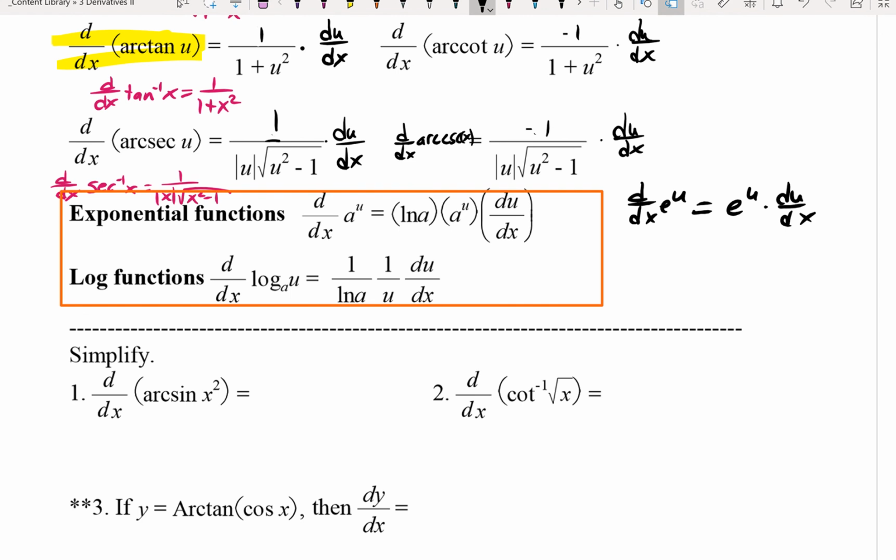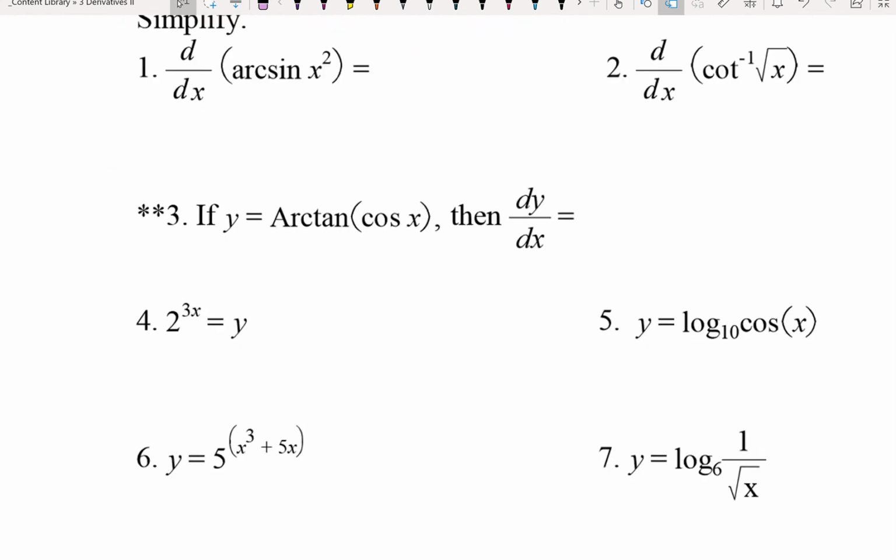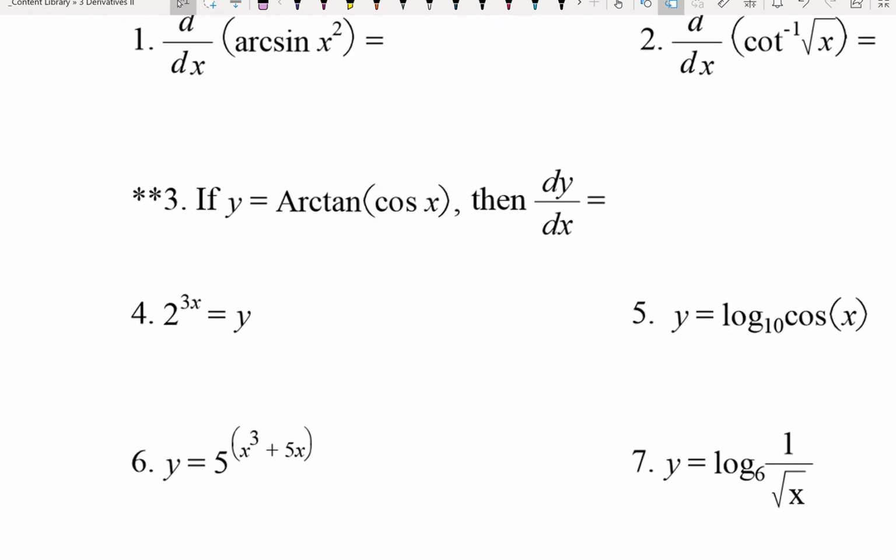So as an example of that, if I come down here, let's look at number 4. If this were the equation y equals e to the 3x, then the derivative would be e to the 3x times 3. But that's not e to the 3x, it's 2 to the 3x.